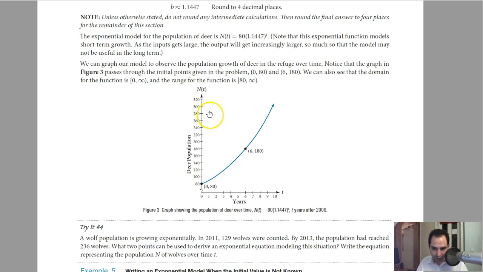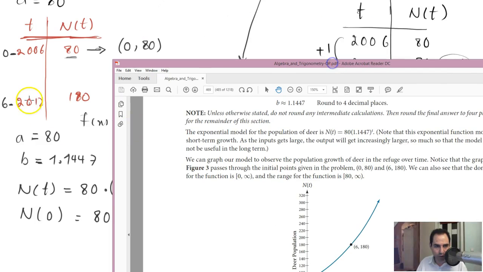If you're sure that you have 2 points, they have basically used some sort of technology to graph this function, and you can see that the graph passes through these 2 points, 0, 80, the initial point, and also this point 6, 180, which was after 6 years in 2012.